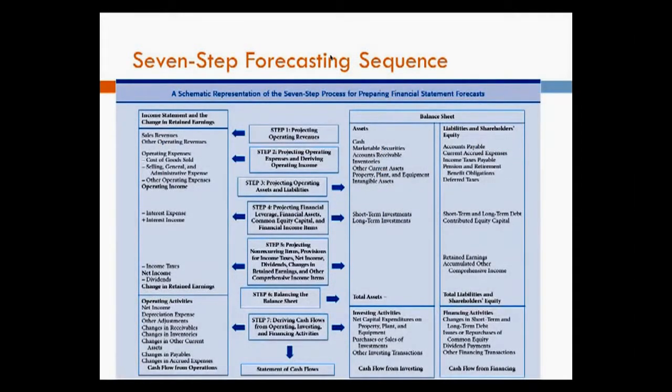Not going to go through this slide. This is really just the 7 steps, and it's in the text. Just wanted to show you the text. It kind of explains the 7 steps in some detail.